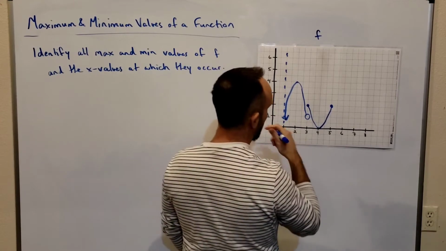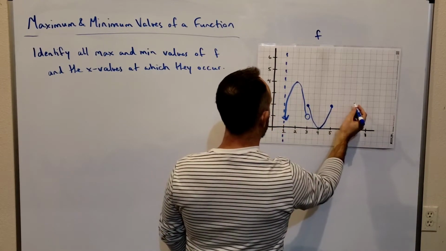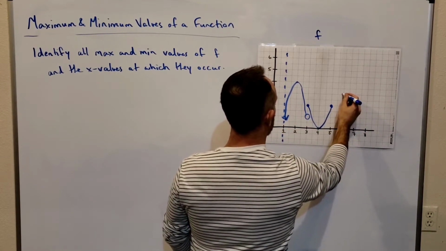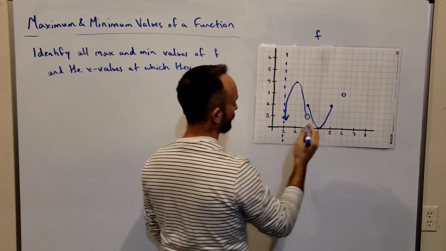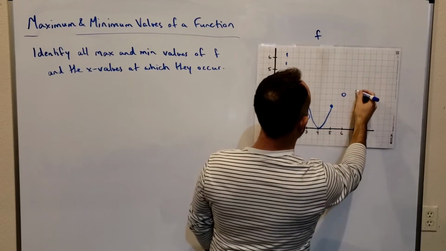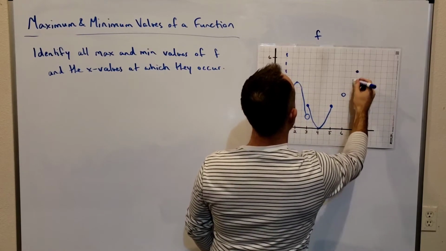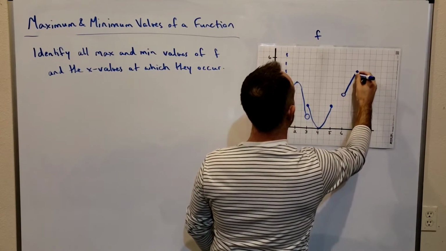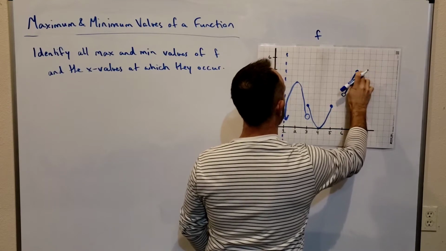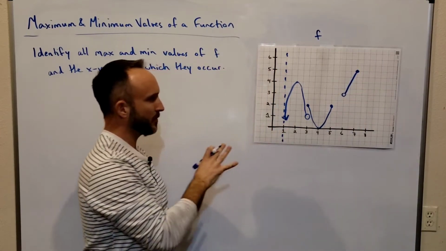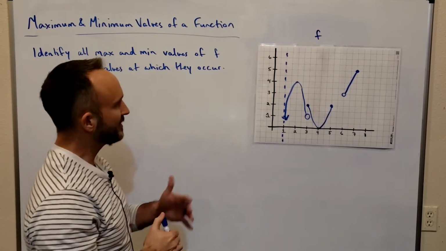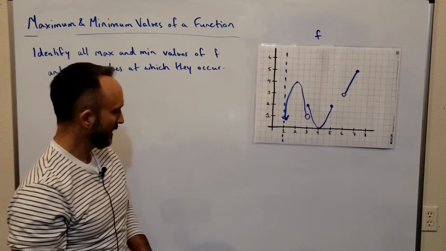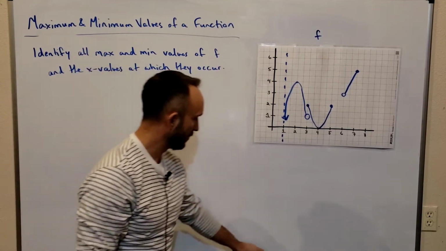And then after that point, picks back up at (6, 3) with an open circle, and comes up to the point (7, 5) with a straight line at a closed circle. Okay, so pause the video, copy this down if you're taking notes. But let's discuss the maximum and minimum values of this function, okay?